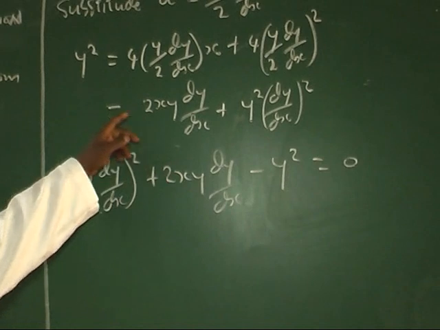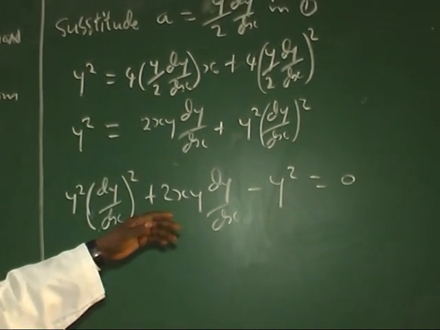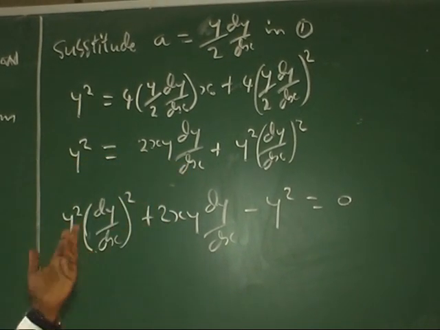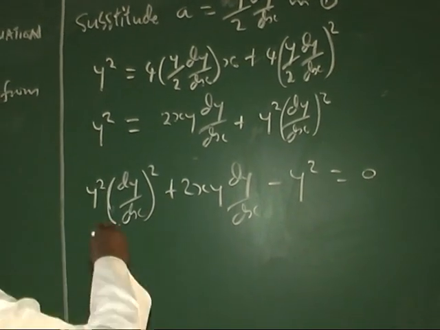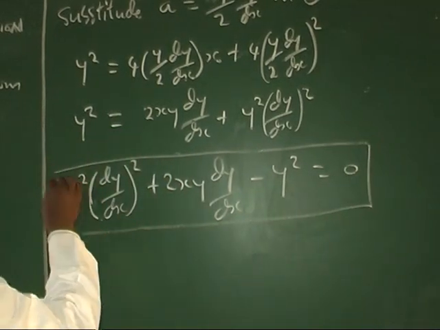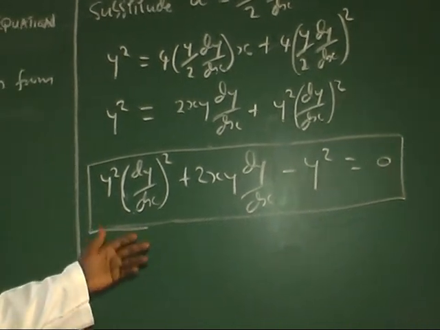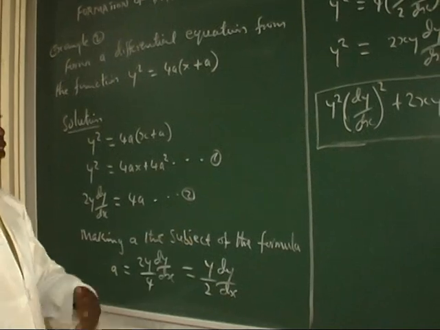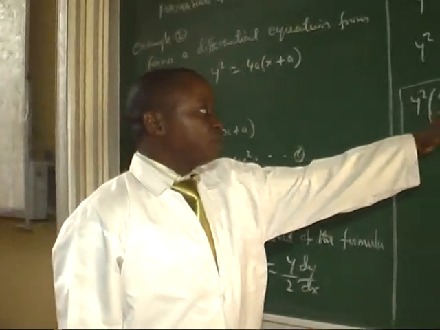What I'm doing here is, this is y squared, so equal this. So what I do is just to carry y squared to this side, and then we equate everything to 0. Now we are able to form a differential equation of first order, because we have only one constant and we expect a differential equation of first order, but it has degree 2.